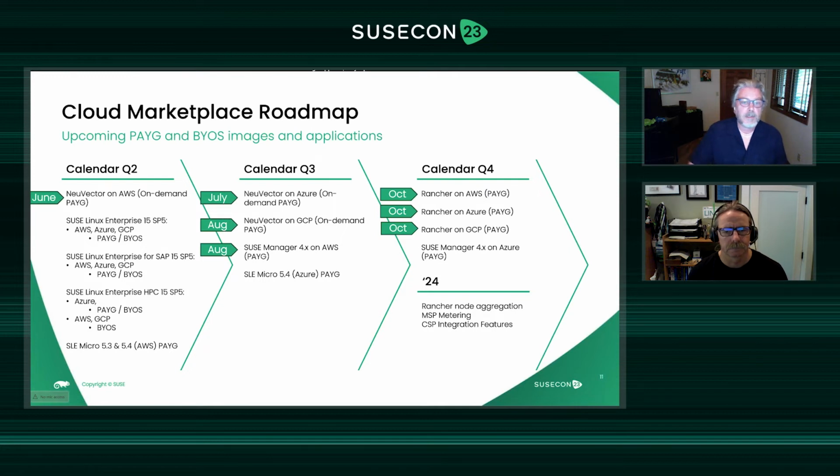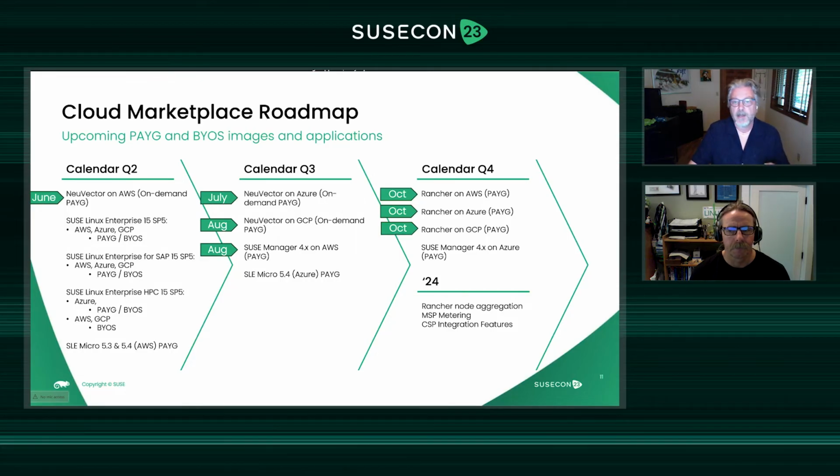So the addition there of NeuVector will then be across all three cloud providers. And then SUSE Manager will show up on Amazon, which is another new product that will be a pay-as-you-go offering, and we'll describe how that works in a little bit. And then SLE Micro 5.4, which I'm going to just have to say, it'll be there on Azure in pay-as-you-go format, and it should already be in Amazon as we speak.